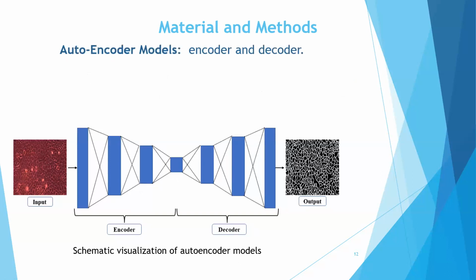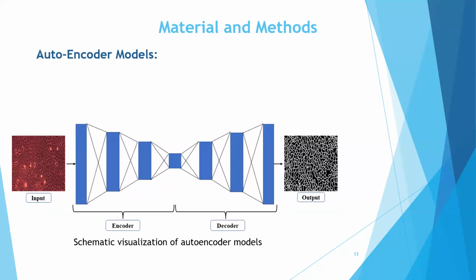These models consist of two main stages, the encoder stage and the decoder stage. The encoder stage takes the raw inverted microscope image and generates the feature maps. The decoder stage, on the other hand, takes the feature maps predicted in the encoder stage as input and gives the segmented image as output.